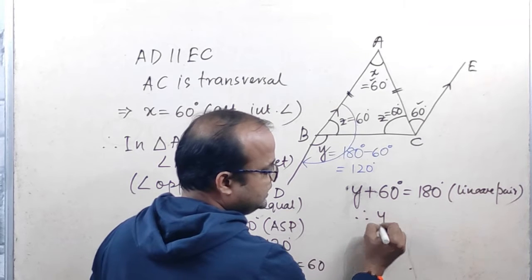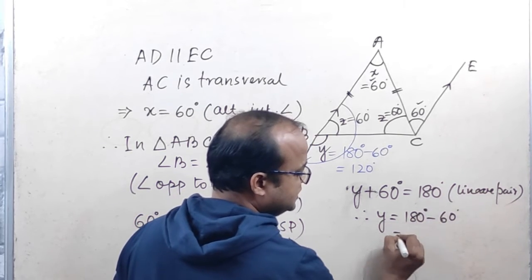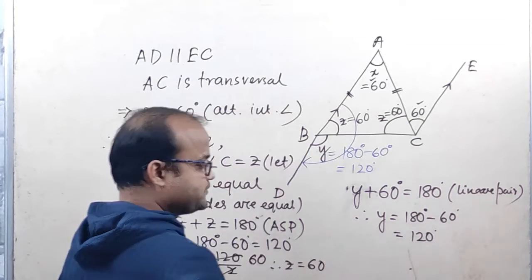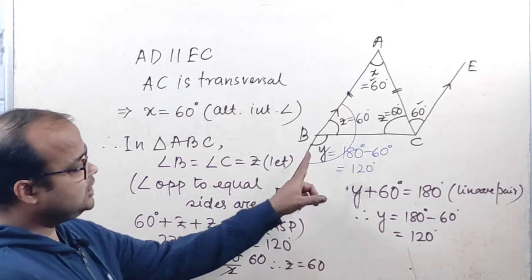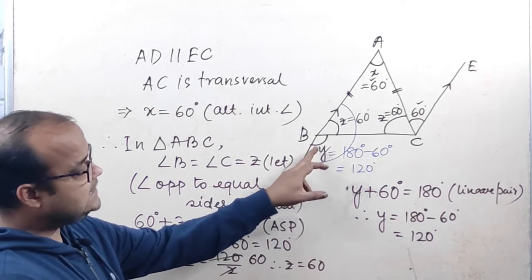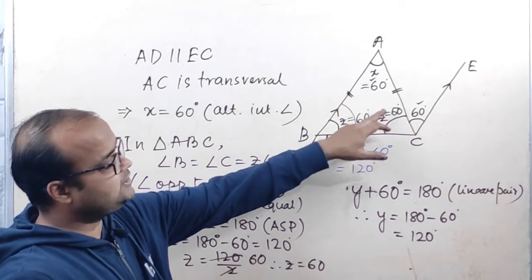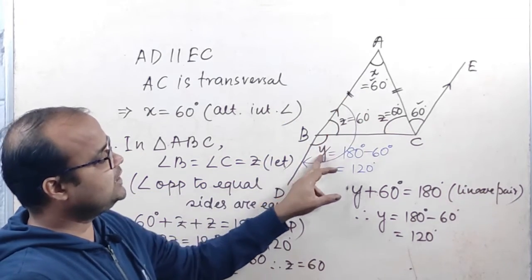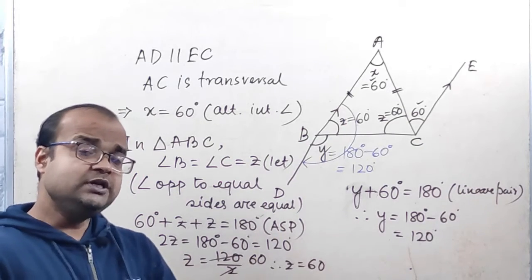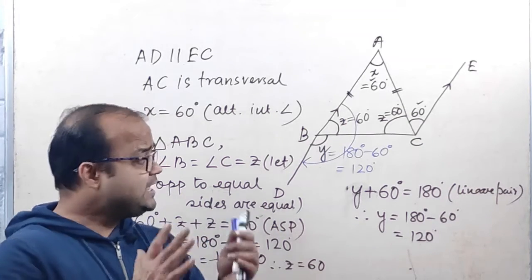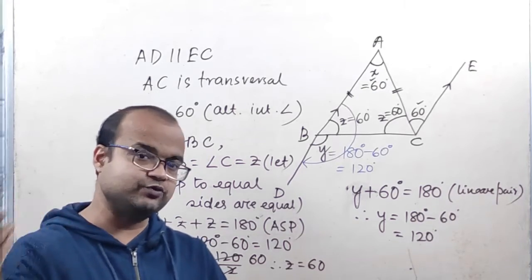Therefore y equals to 180 minus 60 equals to 120 degree. Another way to find out y: y is an external angle and external angle is equal to sum of internal opposite angles. So y equals to 60 plus 60, 120 degree. So if you use the properties, a particular sum can be done in three different ways.